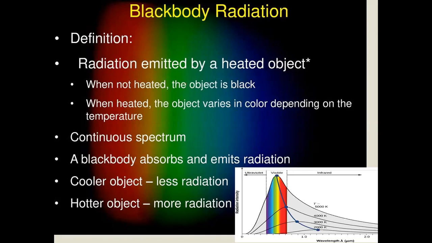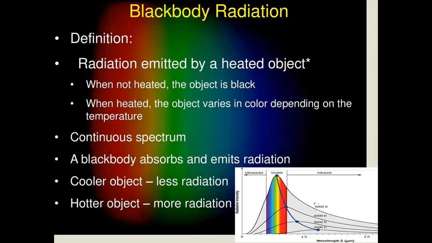Initially, if the object becomes hot, it glows in red color. When you increase it, it becomes reddish orange. And if you keep increasing, at its hottest temperature, it will be white in color. So as you keep increasing the temperature, the color changes. So the color of the object is because of the temperature of the object.